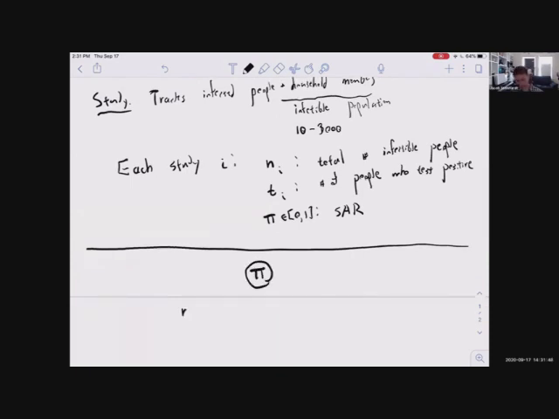So there's N1, N2, up through NK, if K is the total number of studies. And then there's T1, T2, through TK.